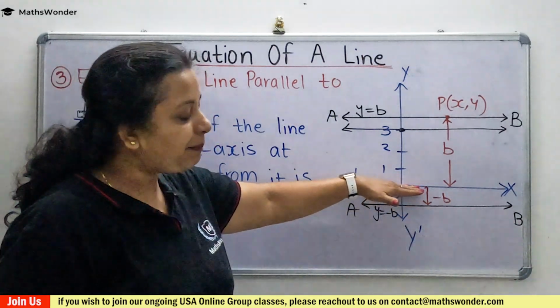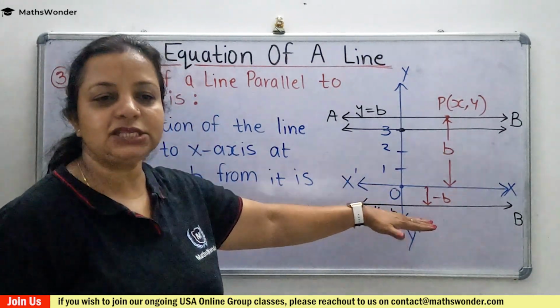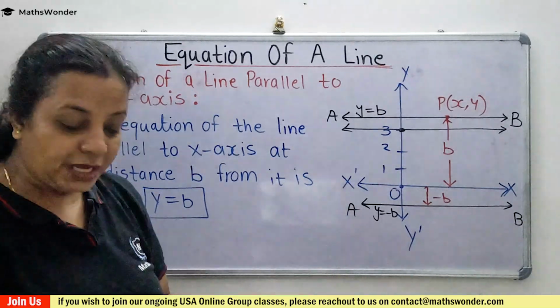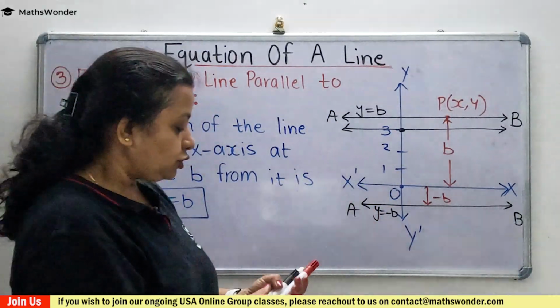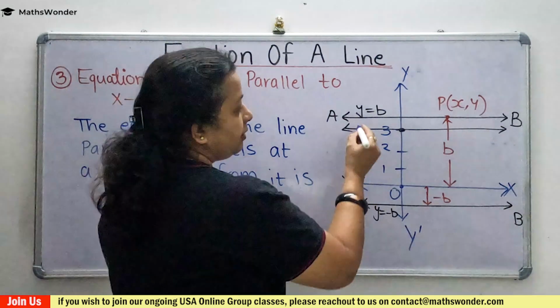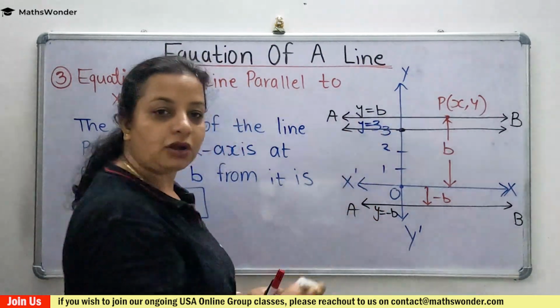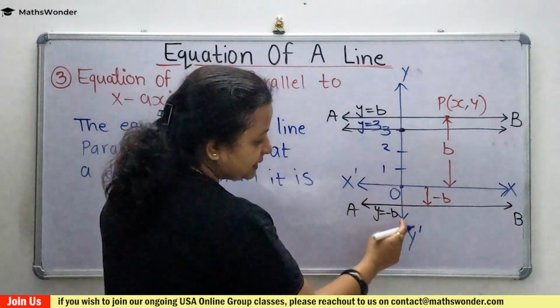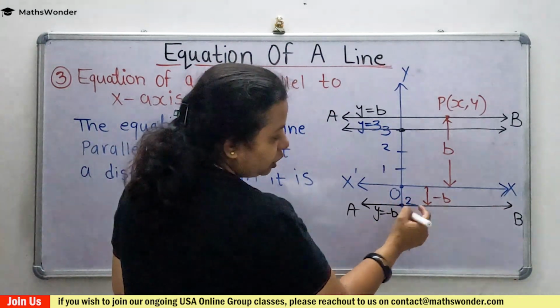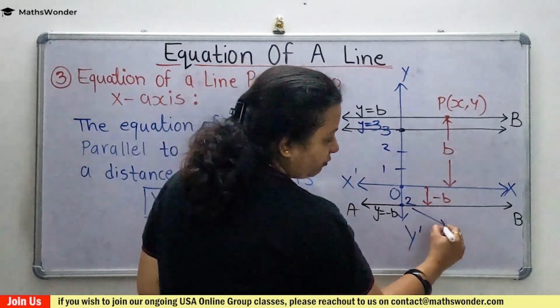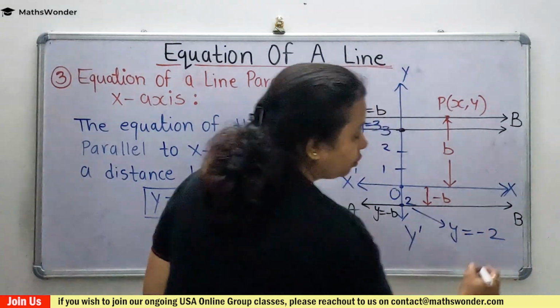When we draw the parallel line below the x-axis, your y will be negative. So suppose we draw it at 3, your y will be y is equal to 3. Got it? If we draw the same line below the x-axis at 2, what will be your y? Your y will be negative 2. Understood?